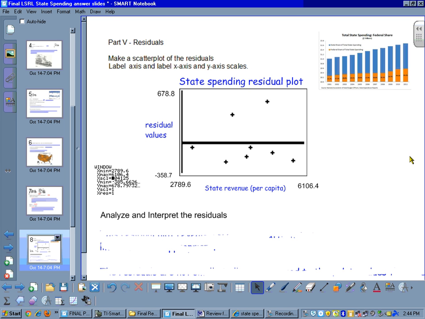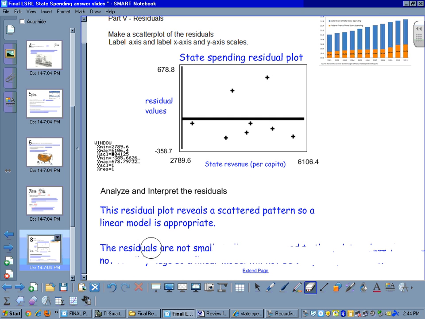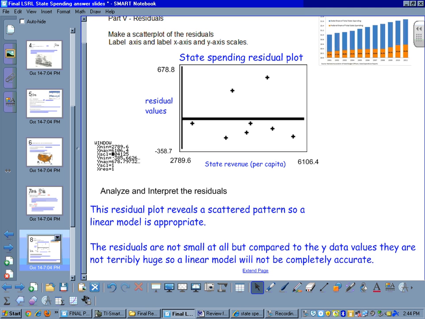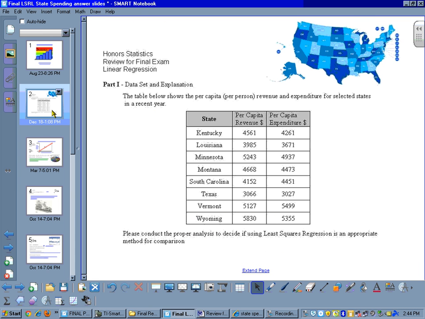Okay, we can see that there doesn't appear to be any curving here. That's a good thing. So the residual plot reveals a scattered pattern, so the linear model can be used. It's appropriate. However, the residuals are not small. They're pretty large. But if you go back and compare them to the Y values way back at the beginning of the worksheet, these Y values range from the lowest being 3,027 to the highest being 5,500 almost.